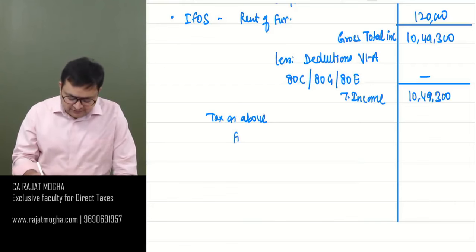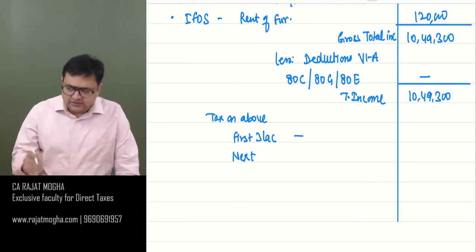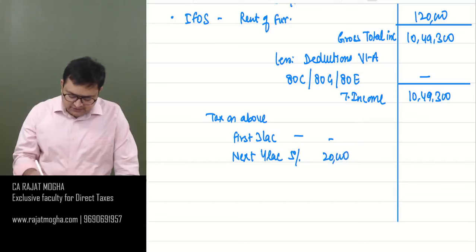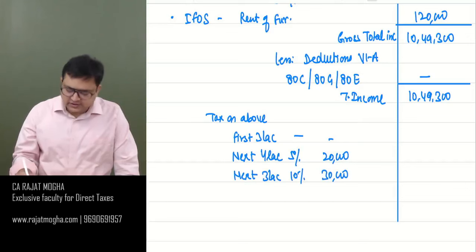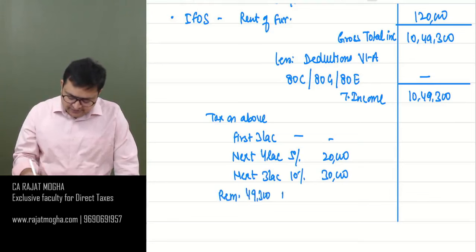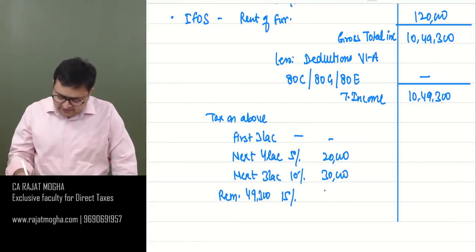Tax on above: first 3 lakh is nil. Next 3 to 7, that is 4 lakh, 5%, 20,000. Next 7 to 10 lakh, next 3 lakh, 10%, 30,000. And I believe the remaining is 49,300, at a rate of 15%, 7,395.